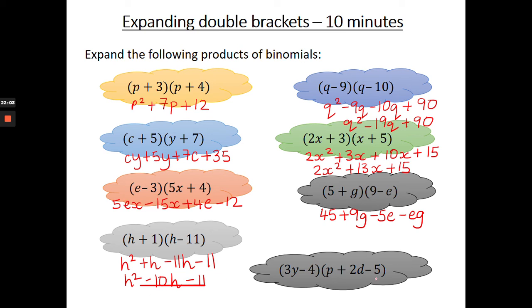Now this one was a bit more tricky because you had multiple terms, but that's okay. You could have still used method 2 or 3 to complete this. FOIL unfortunately would not work here, but that's okay. One of the other methods can be applied.